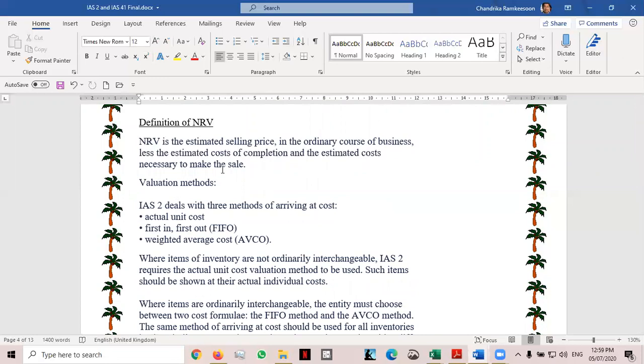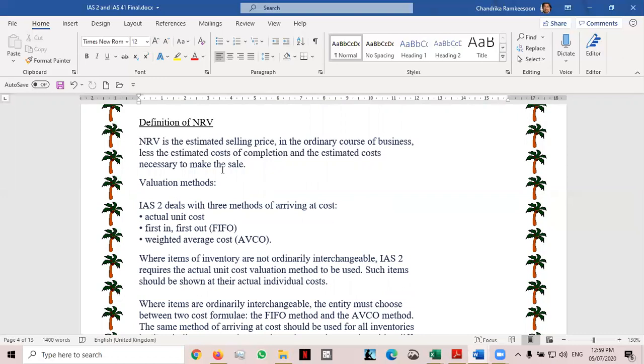Definition of net realizable value. We always come across this term and students tend to have little issues with it. Okay, what is net realizable value? Although it was explained just now, or rather defined, let's take a look in some more detail. NRV is the estimated selling price.